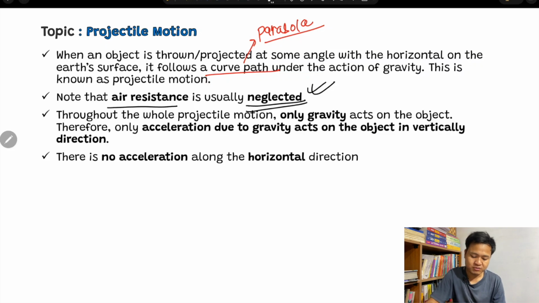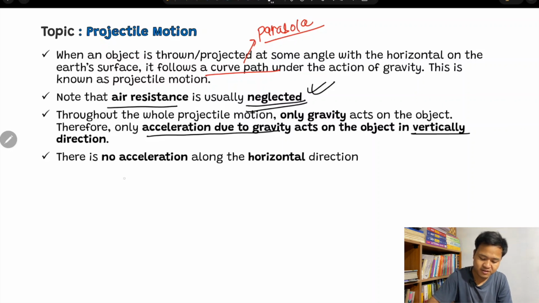So next, throughout the whole projectile motion only gravity acts on the object. So if an object is projected as a projectile, gravity is going to act on that object, okay? And the direction of gravity is what, always downwards, right? Therefore you will have acceleration due to gravity in a vertically downward direction, okay?